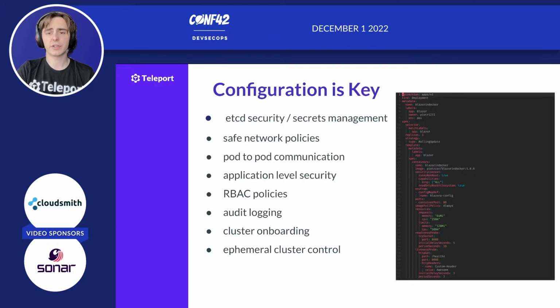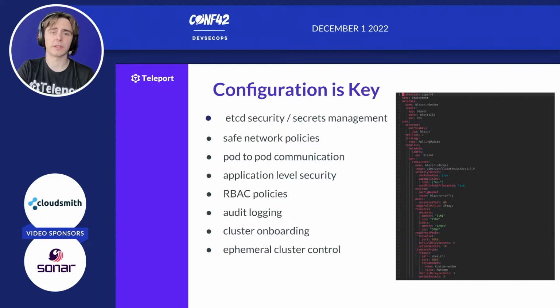So the types of configuration, this is an example Kubernetes configuration file for deployment. And you have to consider etcd security. You have to consider secret management, safe networking policies, pod-to-pod communication, application level security. What does an individual pod look like? RBAC policies for users, audit logging, make sure all of that activity is being logged and monitored.